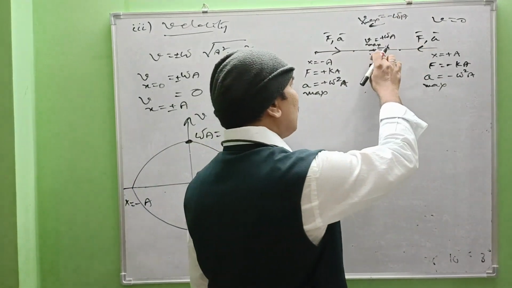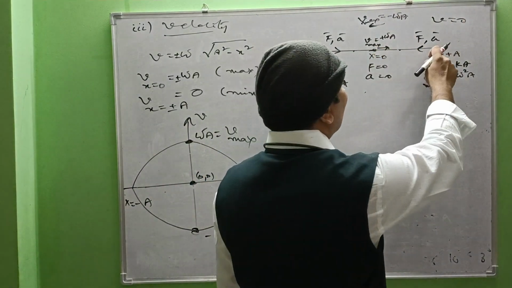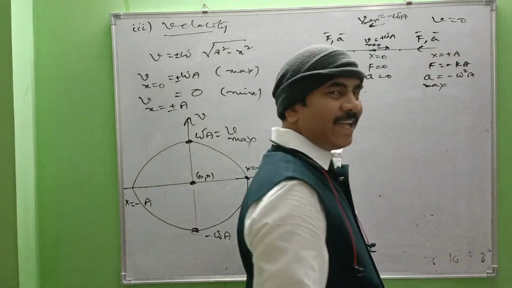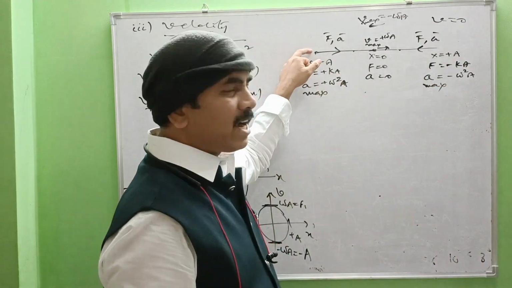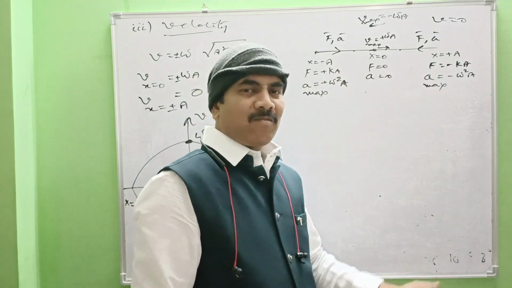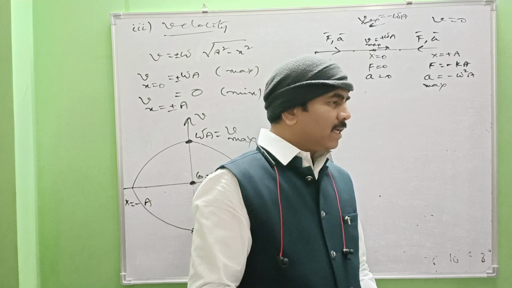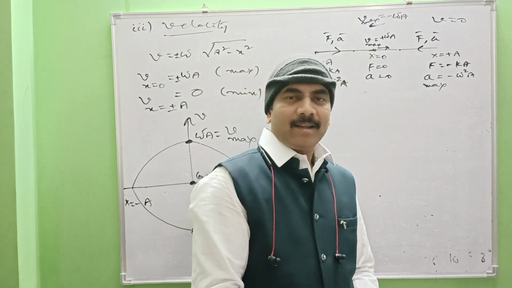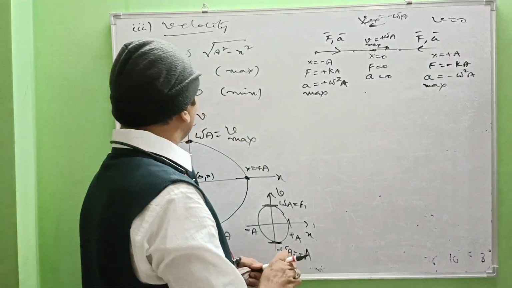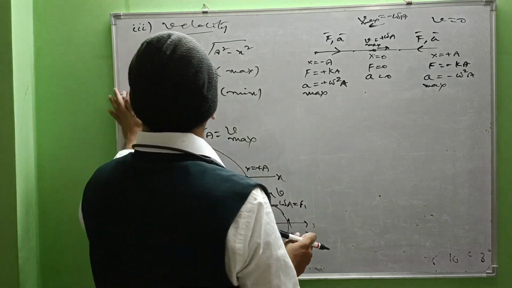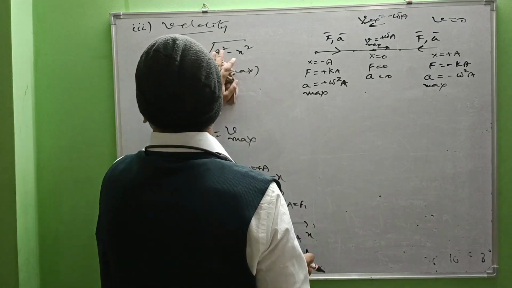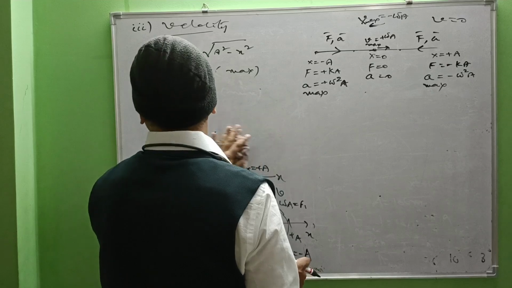When it reaches the mean position, it takes one form. When it reaches the positive extreme position, it takes another form. When it reaches the negative extreme position, it takes one more form. So at different positions, the equation will be different. How do we find the simple harmonic equations for the oscillating particle?